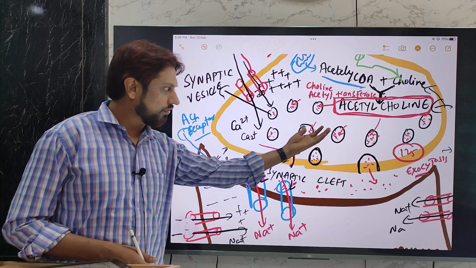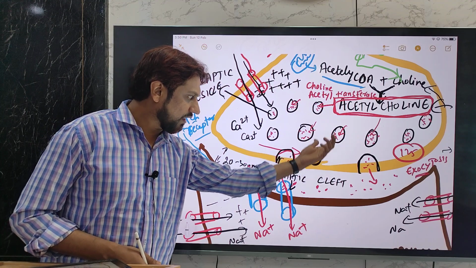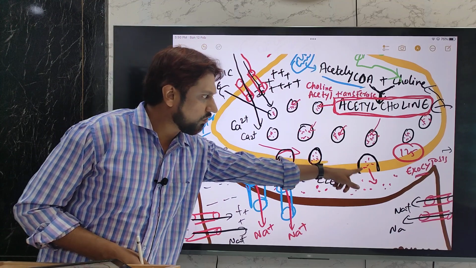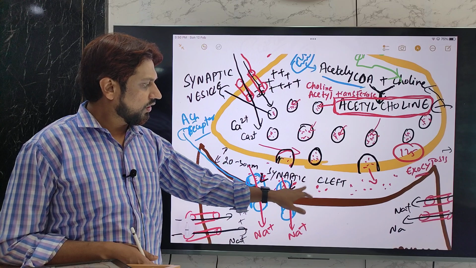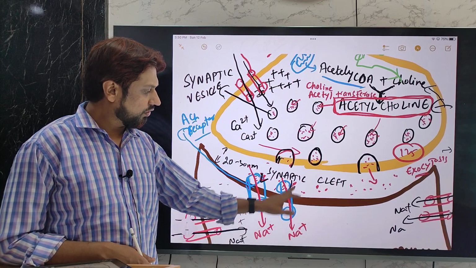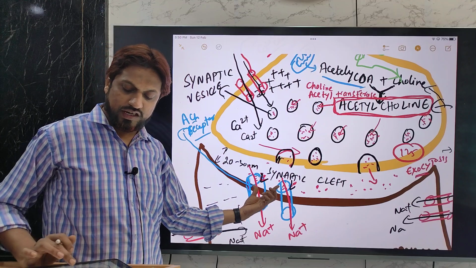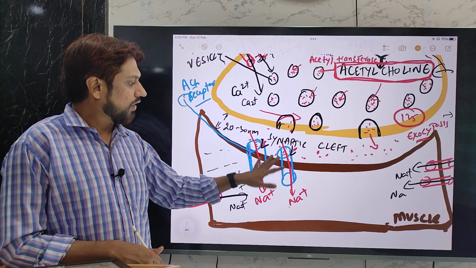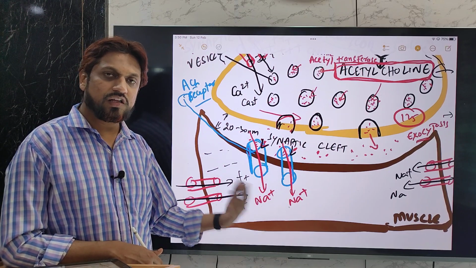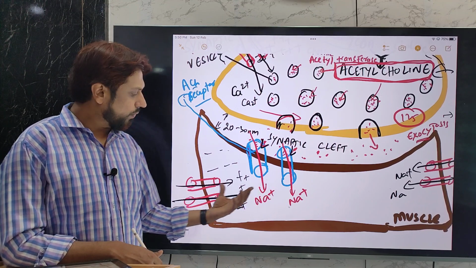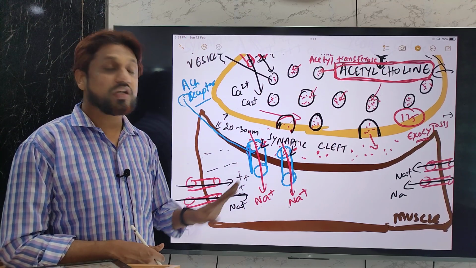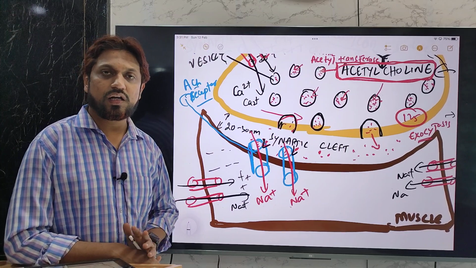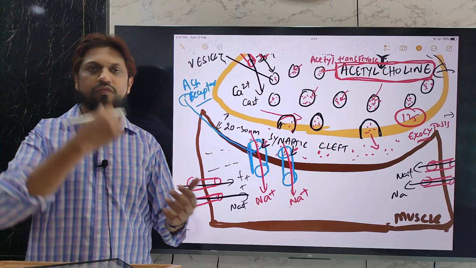This calcium causes the synaptic vesicles to come near the synaptic membrane, and due to exocytosis, acetylcholine is released, and this acetylcholine causes the opening of the ligand gated cationic channels, known as acetylcholine receptors, and the sodium causes end plate potential, and ultimately when the end plate potential reaches the threshold, voltage gated sodium channels open, and an action potential is generated in the muscle cell. So ultimately electrical energy gets converted into chemical energy, which gets converted into electrical energy. This is how a signal from the nerve is transmitted to the muscle.